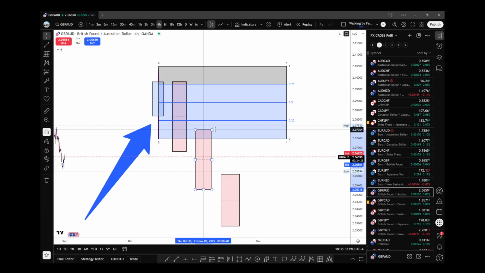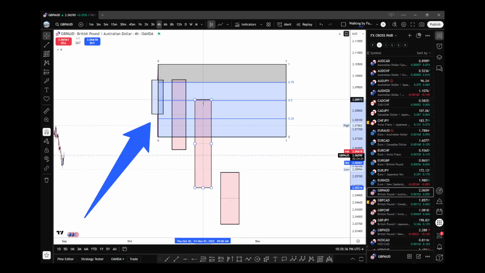We pull back into 25, 50, or even sometimes 75. But ideally, we want that nice 25 to 50 zone, and then we take the market for a sell, right?